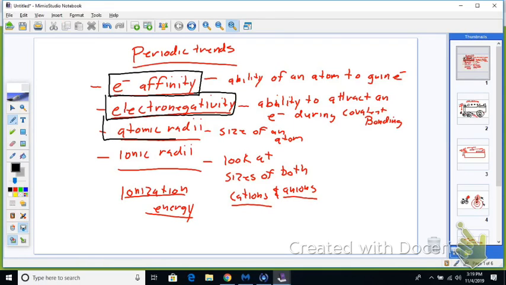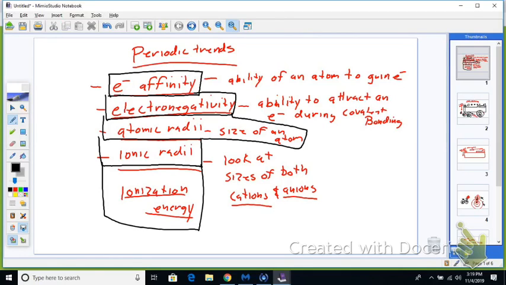Atomic radii, we know it gets smaller going across, and we know it gets bigger going down. Ionic radii, we haven't talked much about that. We didn't really talk about that today; we'll talk about it tomorrow. Ionization energy, we talked about today.